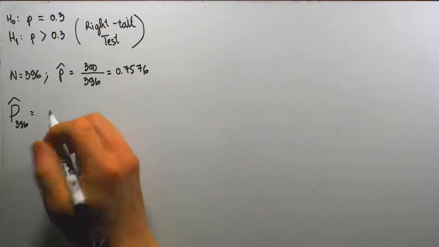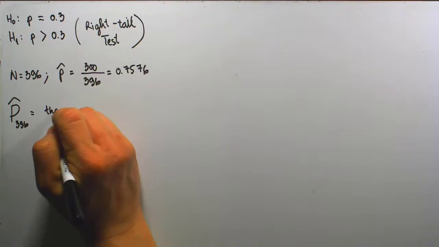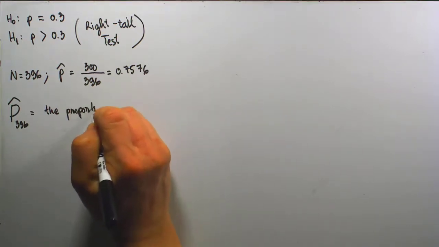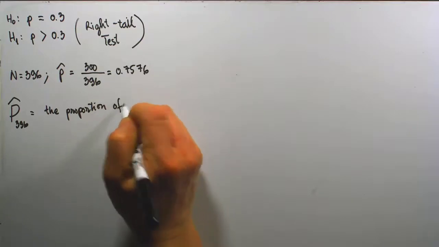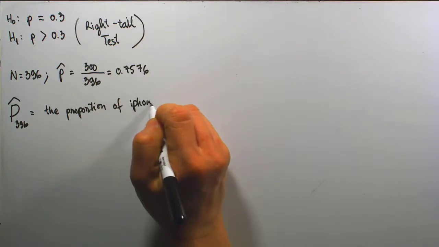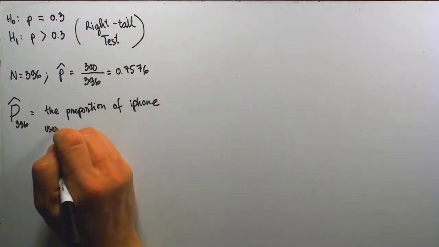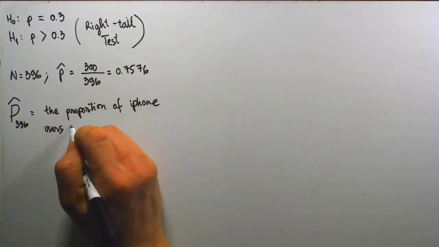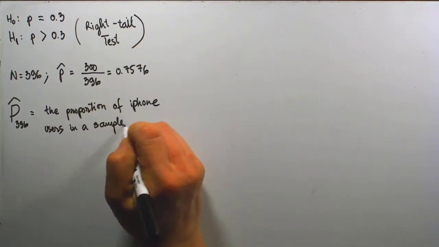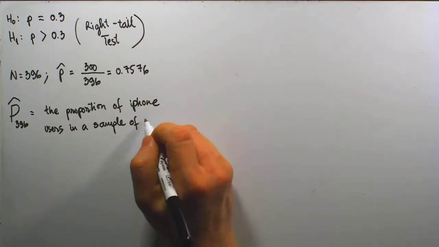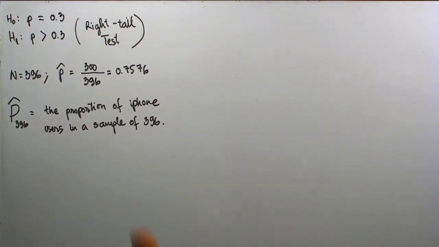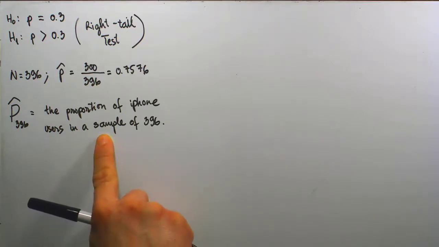So capital P hat 396 is the proportion of iPhone users in a sample of 396. So this step can be skipped in some problems.